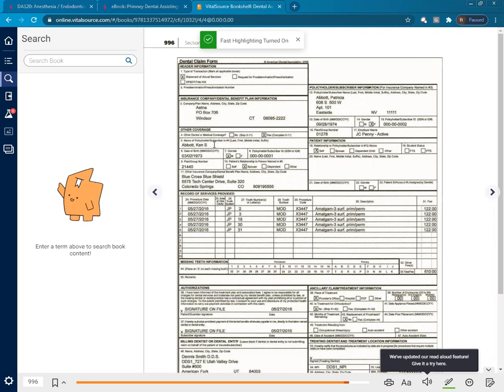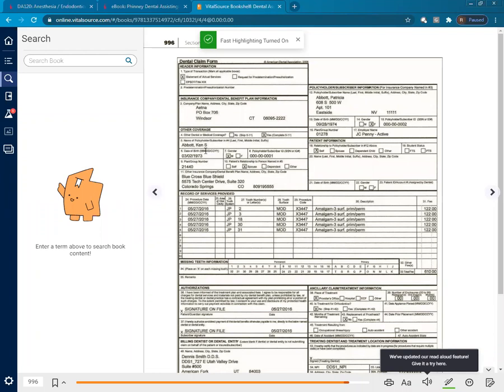You have the name of the policyholder or the subscriber. So this may or may not be the same as the patient. Here you can see the name of the policyholder subscriber, and the patient is here. So it'll show you who we did the services on versus who is covered. I'm sorry, who subscribes.